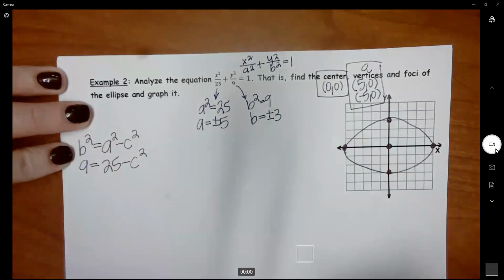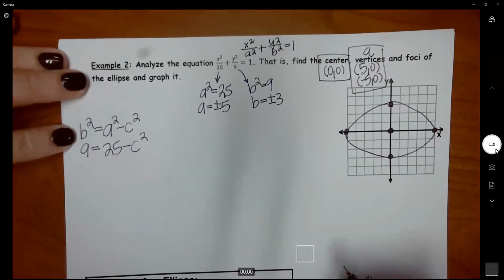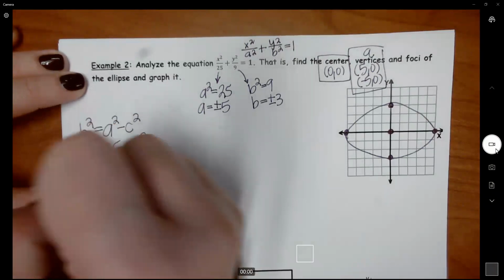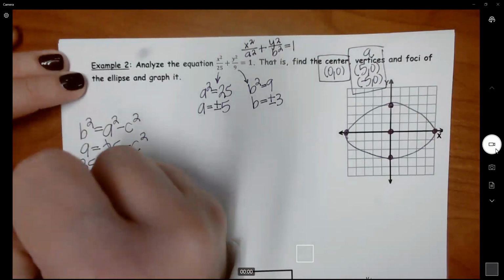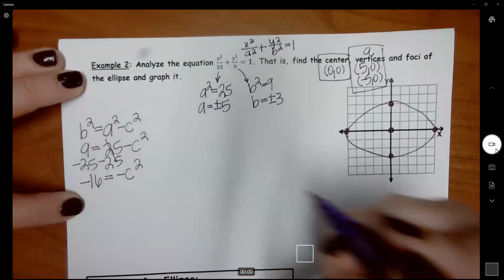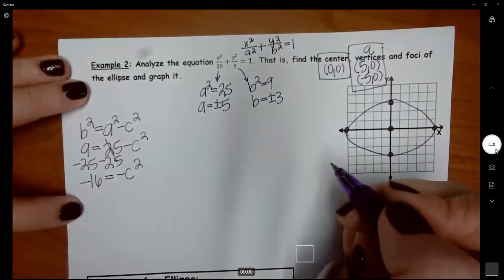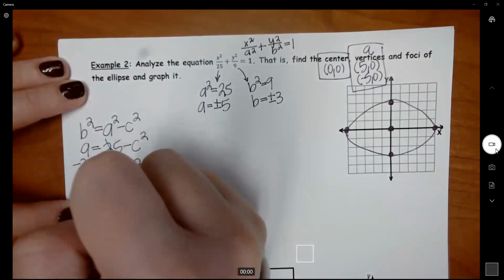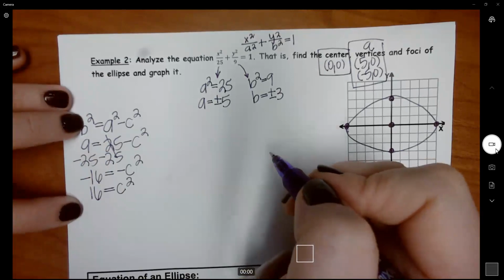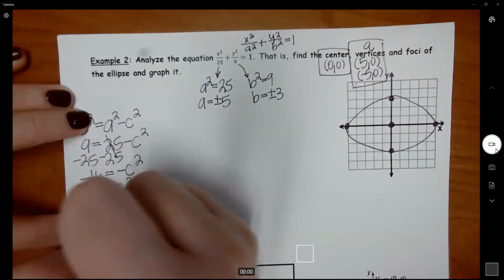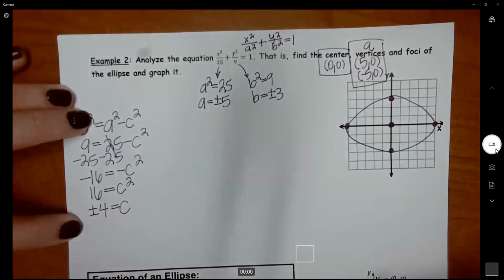And that's minus C squared. So subtract your 25 over, we get negative 16 equals negative C squared. Divide both sides by negative 1 to get C squared is 16. And then take the square root to get plus or minus 4 equals C.